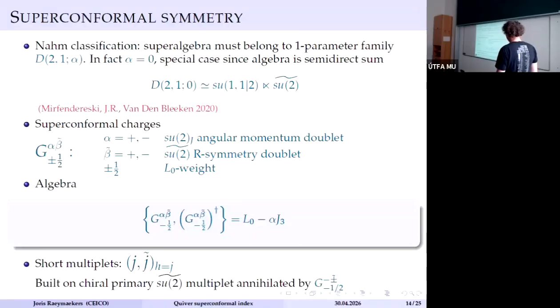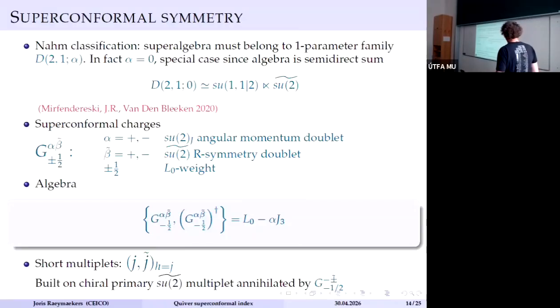From this anti-commutator, you can derive a unitarity bound, and so you get short multiplets built on the state where the conformal weight is equal to the spin under the angular momentum SU(2).